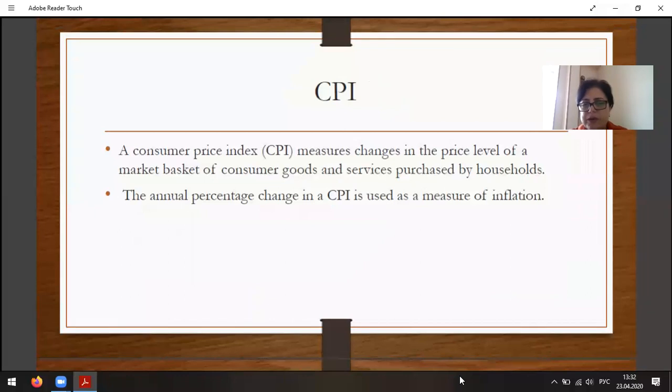CPI, the Consumer Price Index. The Consumer Price Index allows us to measure all changes in the price level of a market basket that consists of different consumer goods and services purchased by households, where sometimes we can use the consumer goods and services purchased by the average urban consumer.